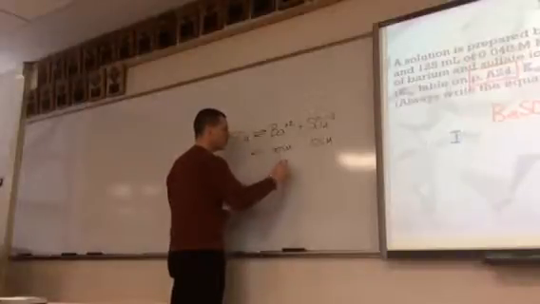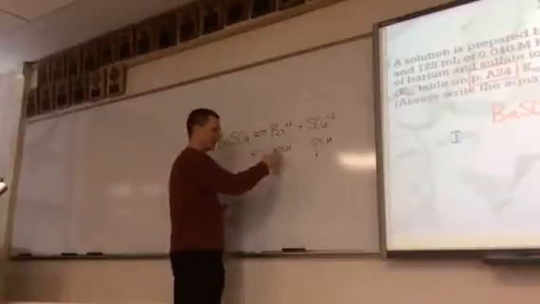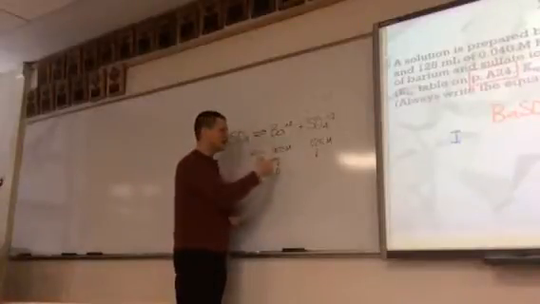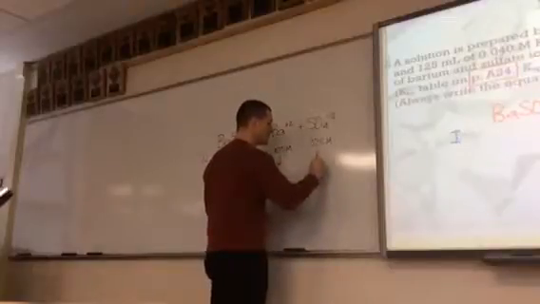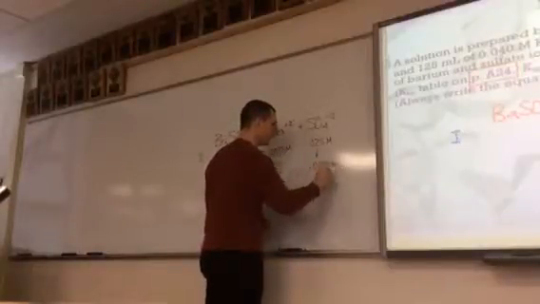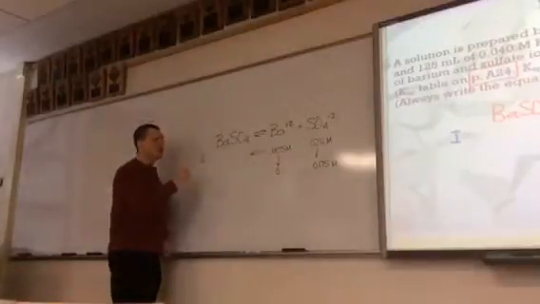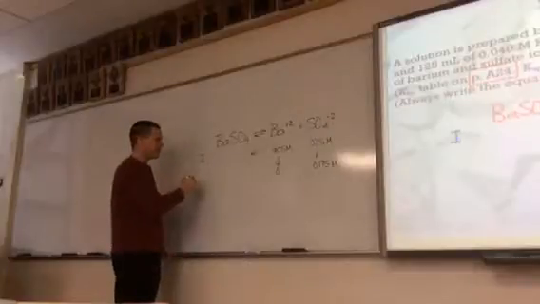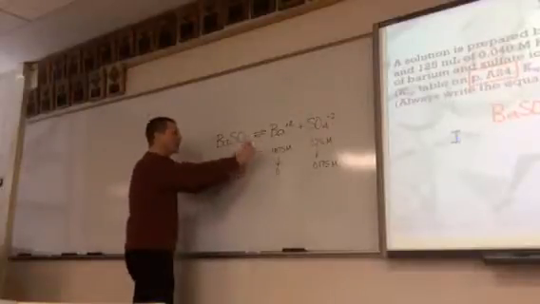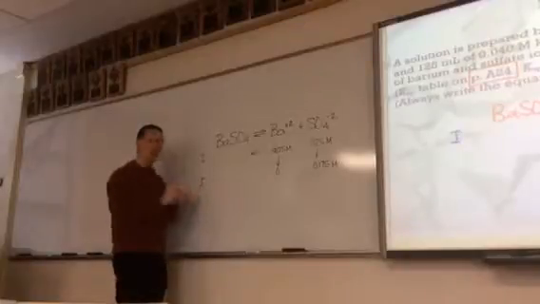So that's going to go to 0, and the other goes down by that same amount, 0.025 minus 0.0075, which is 0.0175. This is the modified ice table idea: we had an initial amount, but that went backwards to completion. So now I'm going to start a new ice table.